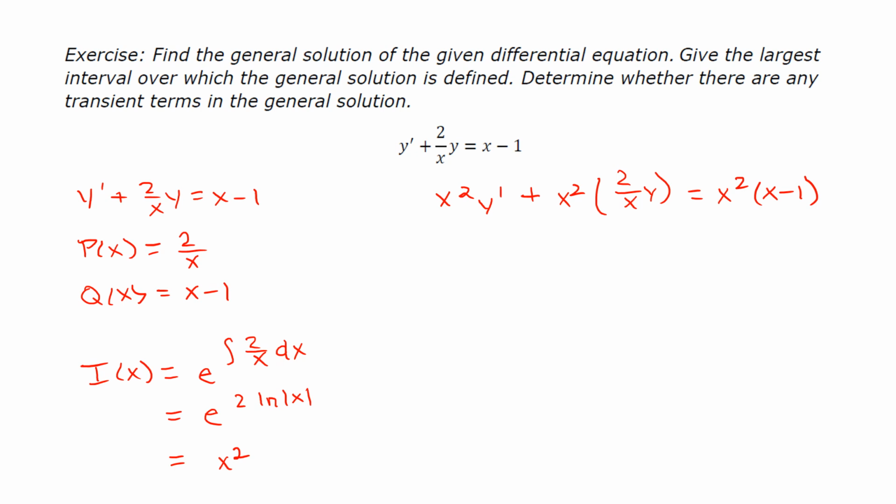Okay, simplifying, we get x squared y prime plus 2xy equals x cubed minus x squared.